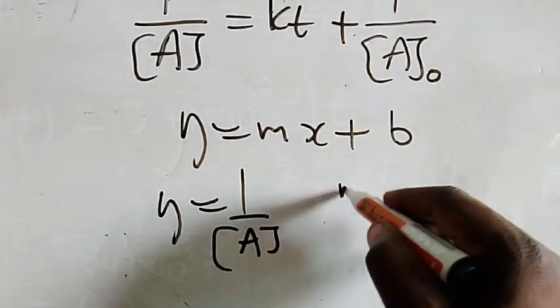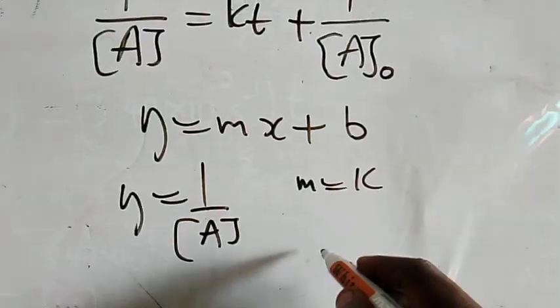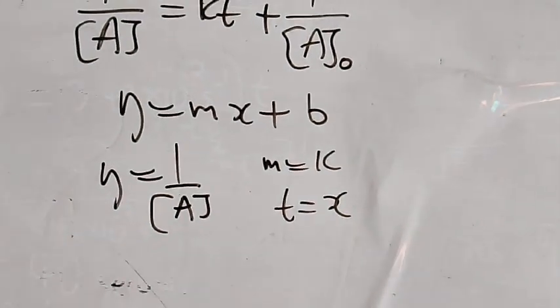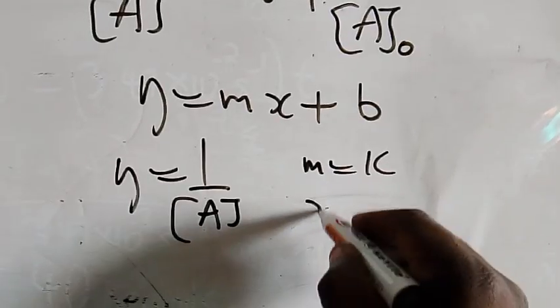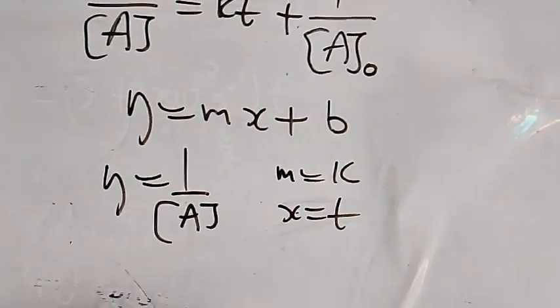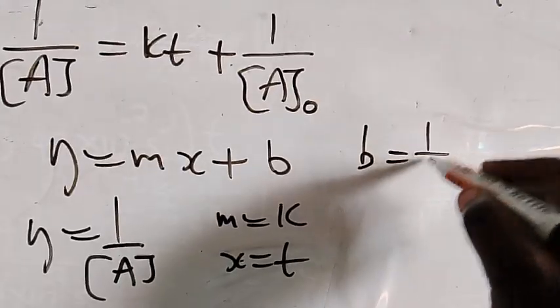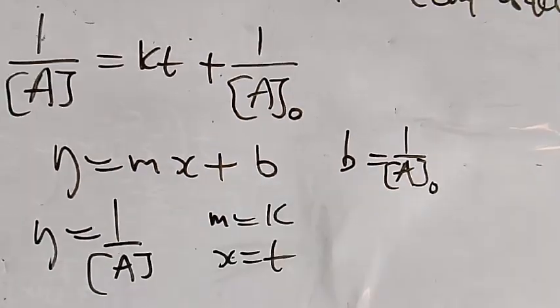Okay, 1 over A, m is equal to k. T is equal to x, then b is equal to 1 over A initial.